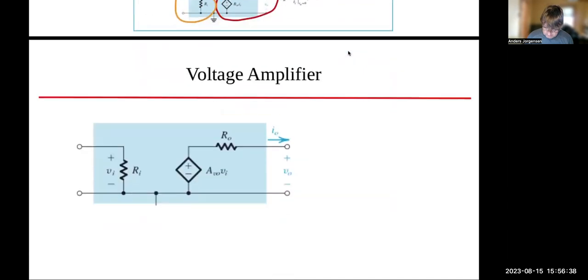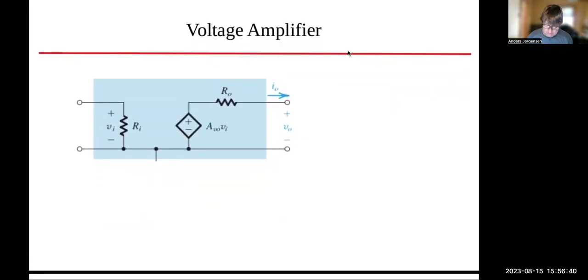So we can take a closer look at one of these amplifiers, which is the voltage amplifier, and I cut off the ground here. The voltage amplifier, we can attach something to it if we want, right? We can attach an input source.